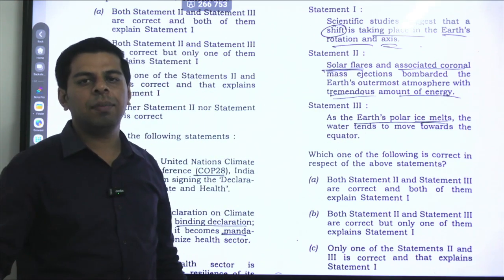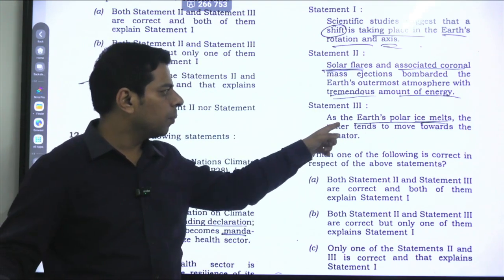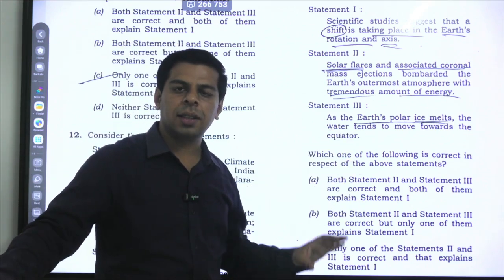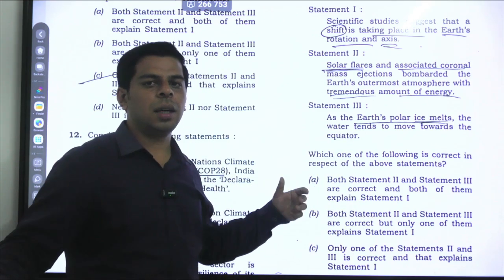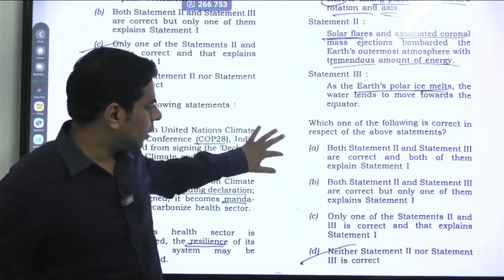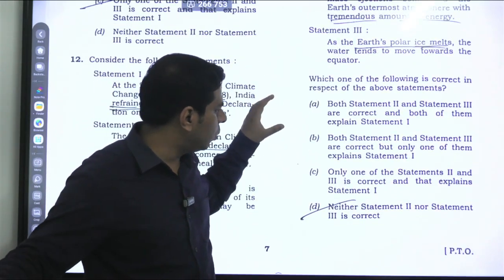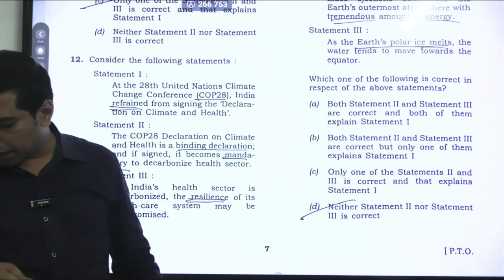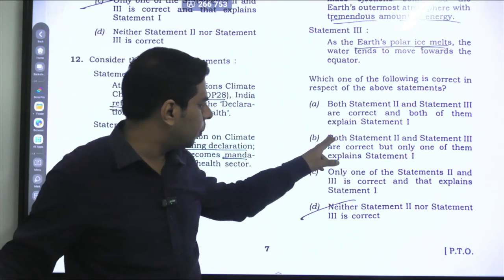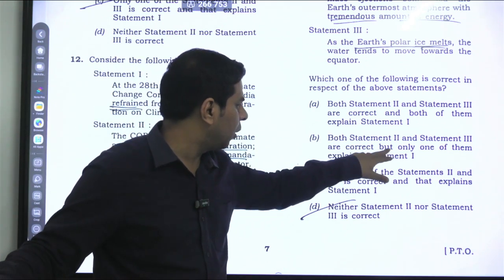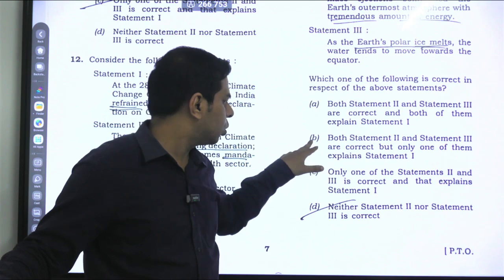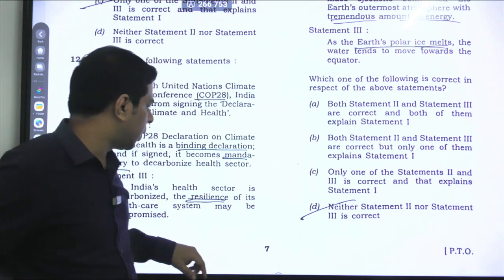So basically, the climate change article clearly highlighted that we should stop this polar ice melt and the scramble for the Arctic and Antarctic should stop. So in this case, the answer is that all three statements are correct, but only two statements can be attributed. So basically, the B option, where both statements are correct but only one of them explains, is to be marked. So B option is the right answer for this.